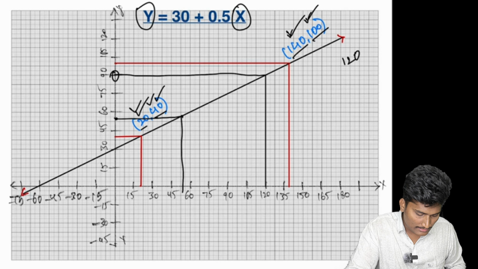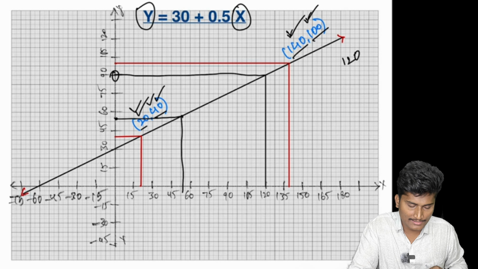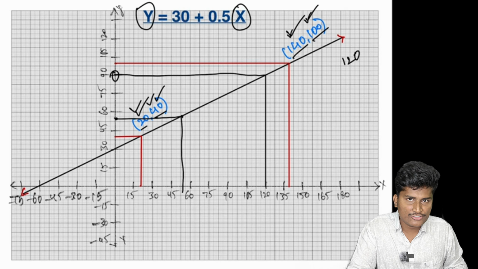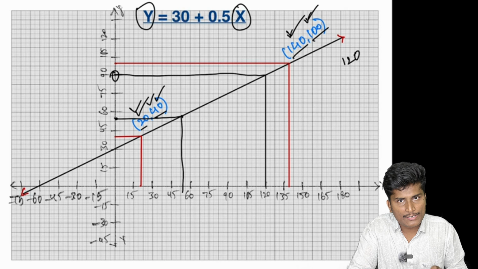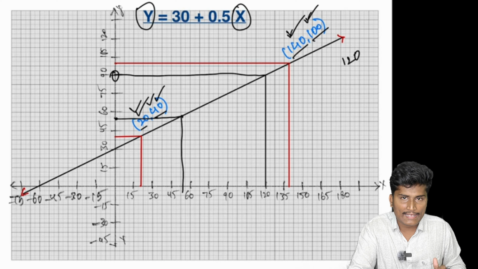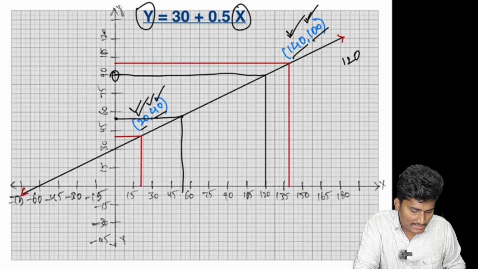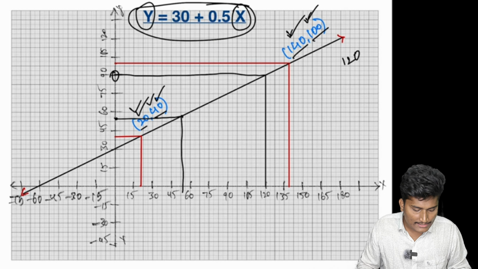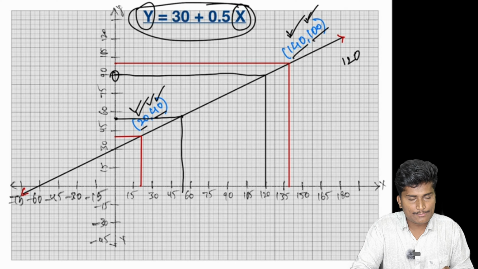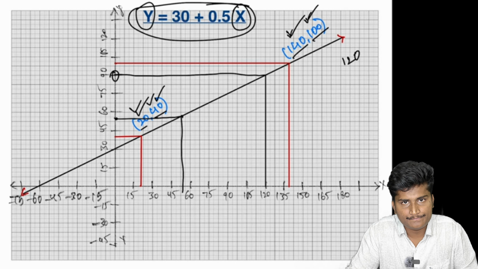So the graph helps us to get an overview of the situation. You will be able to see every possible outcome at a glance here. If you just have this equation, then you will not be able to get this much clarity over the problem.